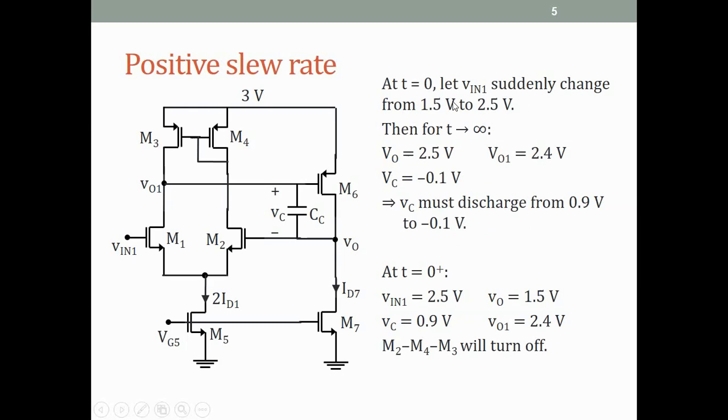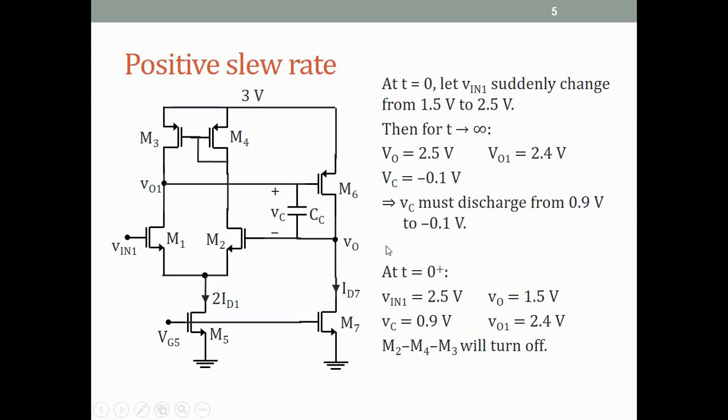Now, after the switching happens, eventually VC will be minus 0.1 volt. So this capacitor must discharge from 0.9 volts to minus 0.1 volt. So there must be a discharging. So current has to flow out of the capacitor.